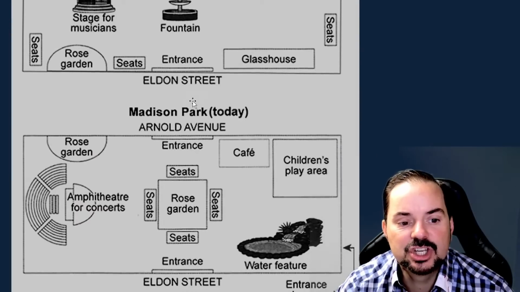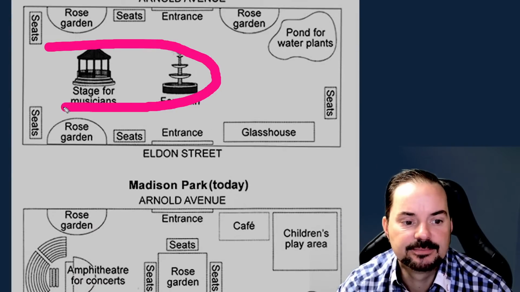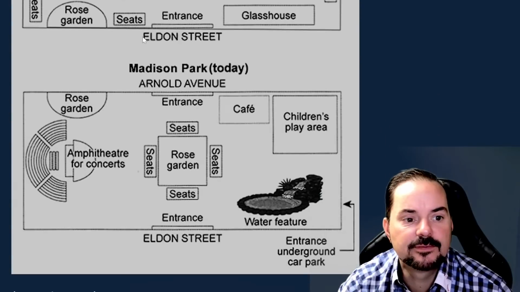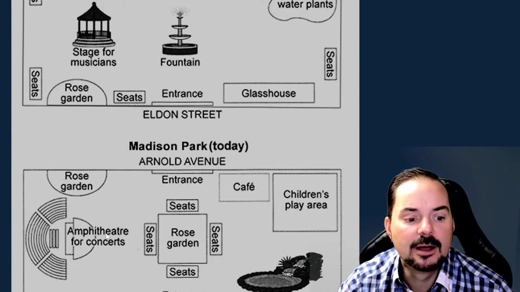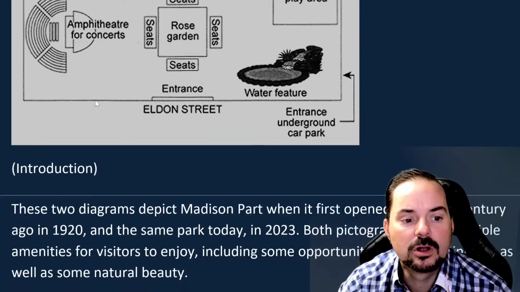Now the biggest change, so arguably the largest change here, okay, is the stage for musicians being replaced by the amphitheater for concerts.